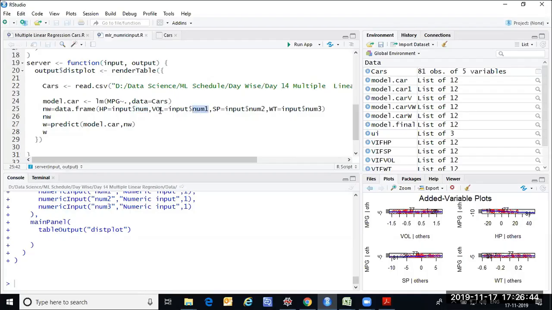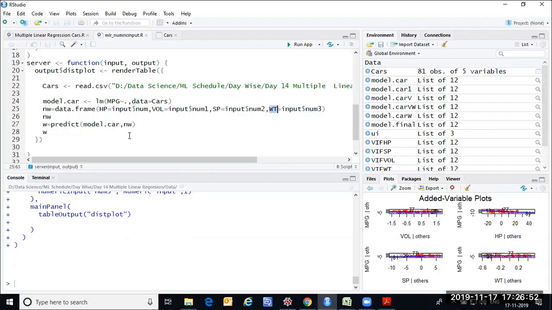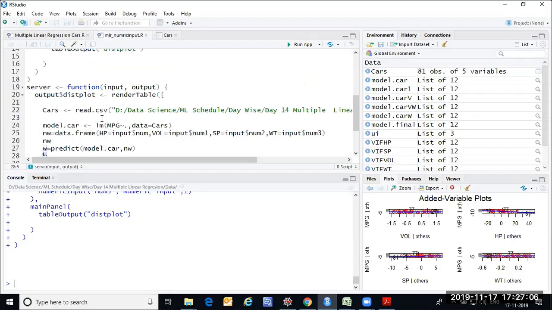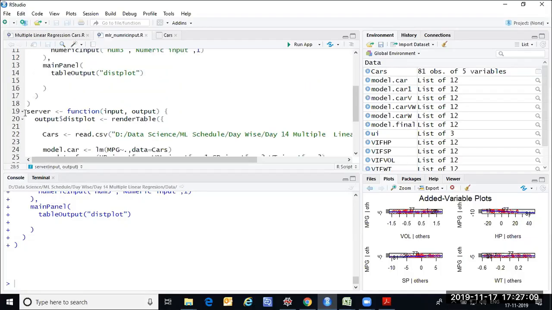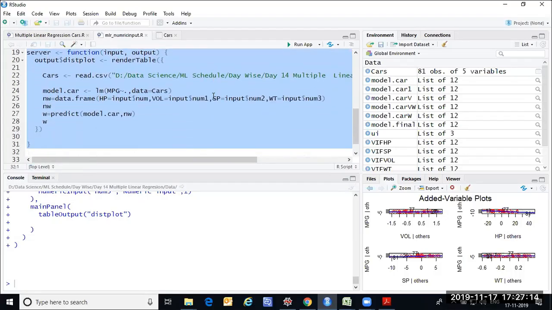This num1 to volume, num2 to speed, num3 for weight, right? Then I'm predicting this and capturing the predicted values into the variable called W. And finally, I'm writing this W as an output because those are the predictions, right? This is another simple function which contains the input as well as output. We are reading the input from the CSV and writing back the output.